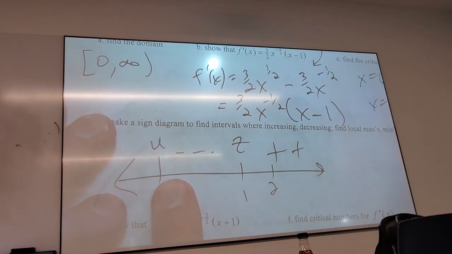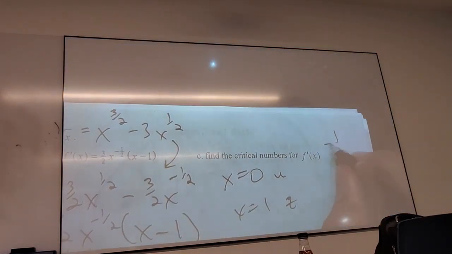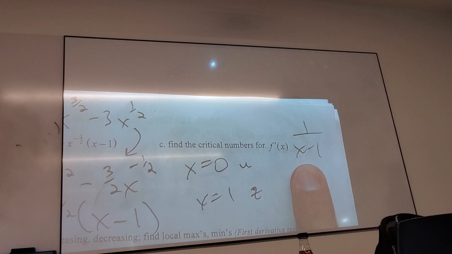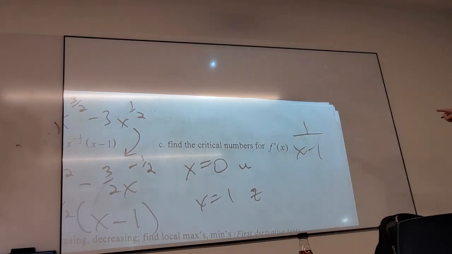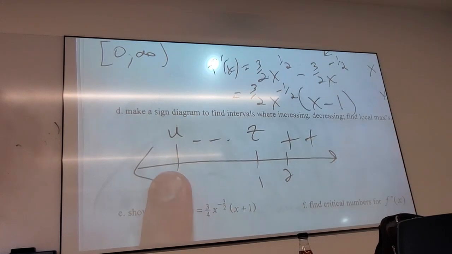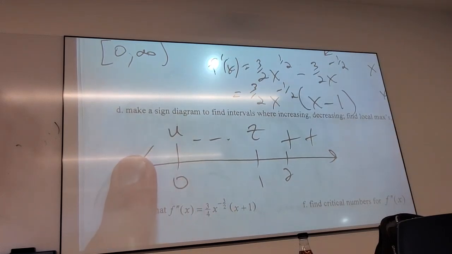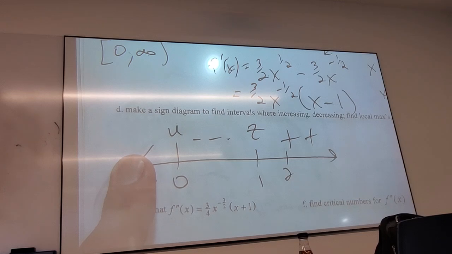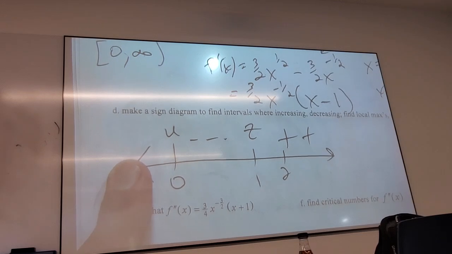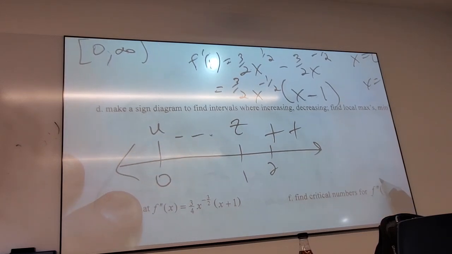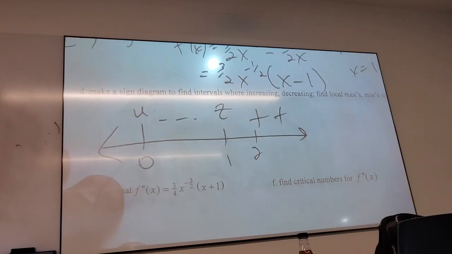I can have a location that's undefined at 1, but it exists on both sides of 1. This is a radical, so it just stops here. It can't handle negative inputs, because thankfully we're not graphing complex functions yet.